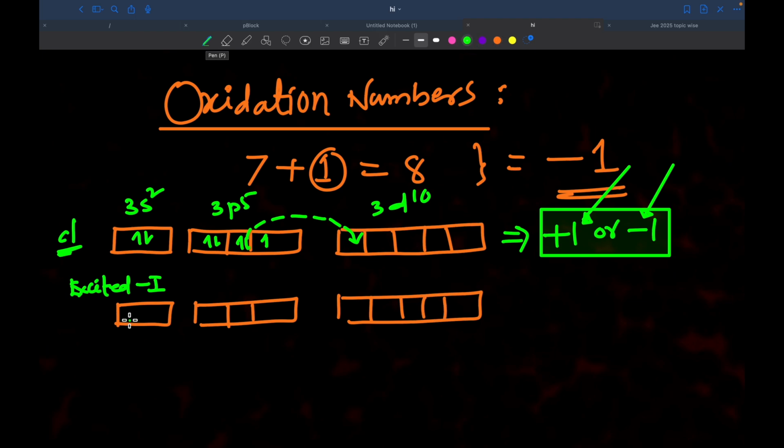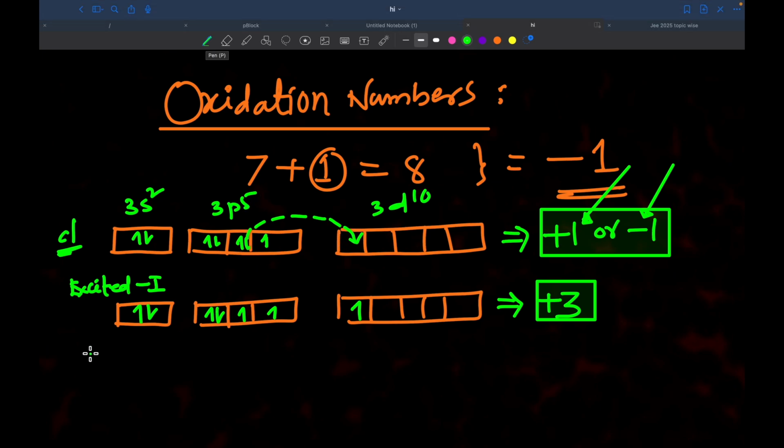Here you have two electrons, here you have two electrons, here is one. How many unpaired electrons can you count here? 3, right? 1, 2, 3. In this situation, chlorine can exhibit the oxidation number +3. +3 is possible in excited state 1, where one of the paired electrons from the p orbital jumps into the d orbital.